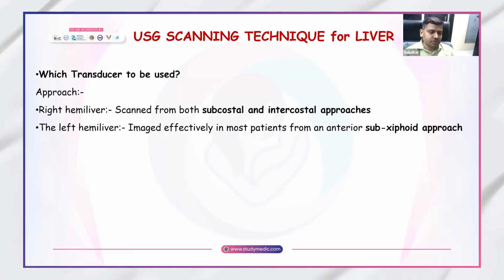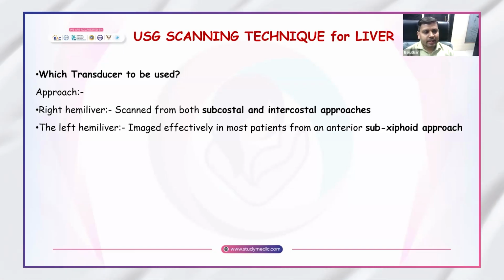The transducer used for examination of the liver is definitely again the convex probe, as we need to reach the deeper depth. Of course, for superficial liver parenchyma and for pediatric population, the linear probe can be used. There are two approaches for examining the liver on ultrasound.